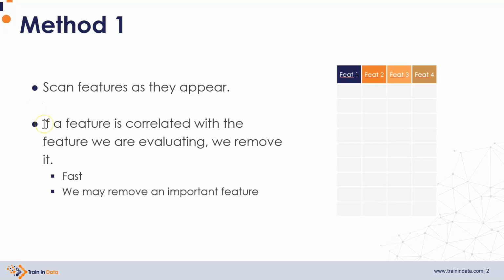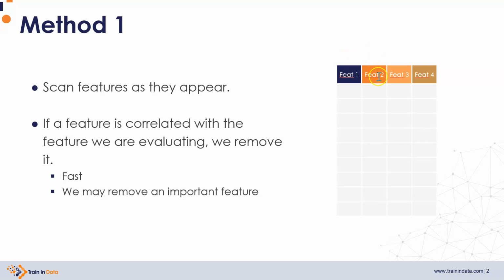And if a second feature is correlated with the feature we are evaluating, it removes it automatically from the data frame. So in practice, the method picks the first feature and then compares the correlation with features 2, 3, and 4. And if any of these is correlated with 1, it removes it.